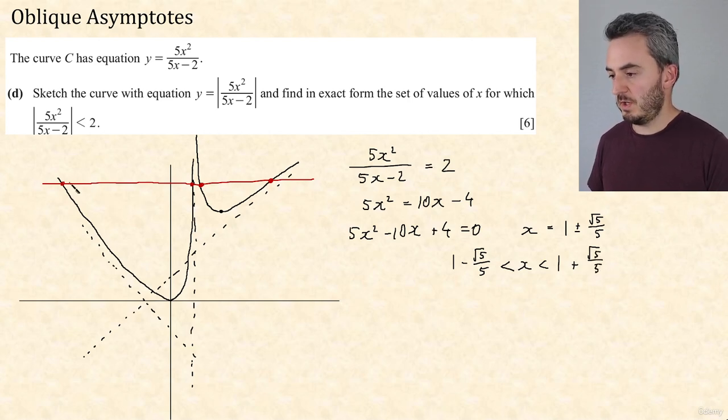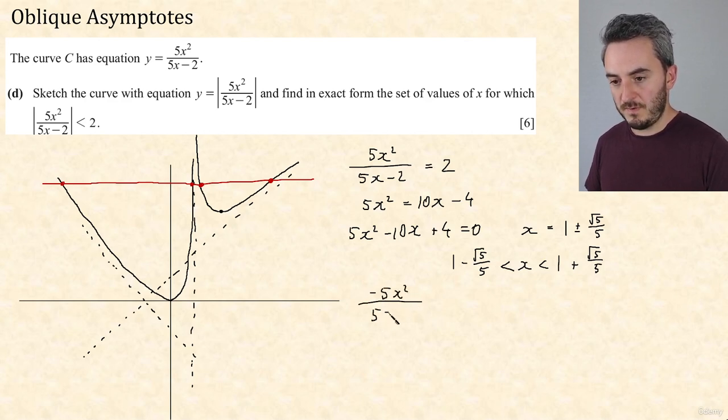The second region is the one over here, and that's when the sort of flipped bit of my function is less than 2. And I'm just going to find the points where it's equal to 2. Now, what is the flipped bit? The flipped bit is when this was multiplied by minus 1. So that is when minus 5x squared over 5x minus 2 is equal to 2. So we can just solve this now.